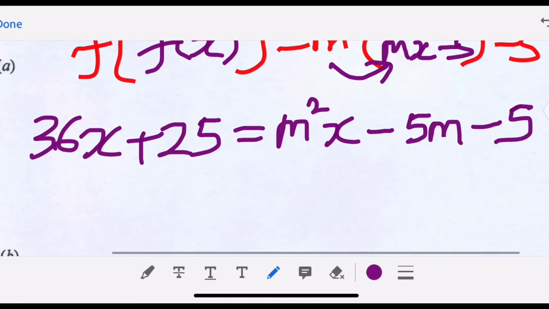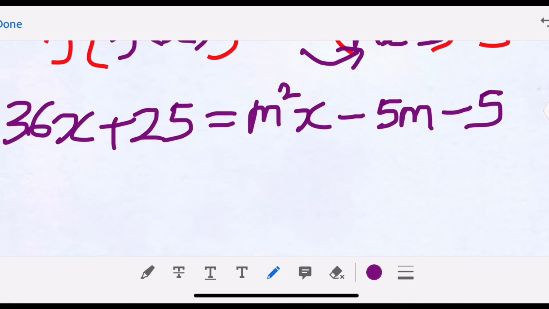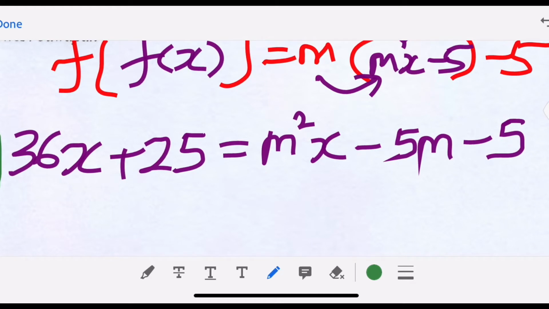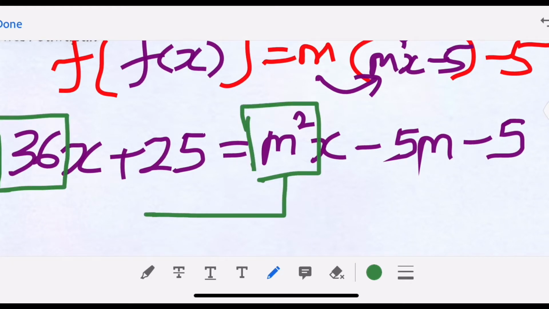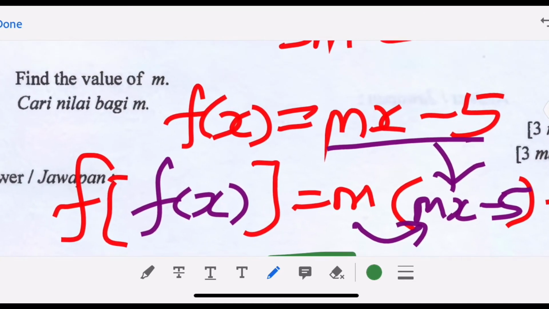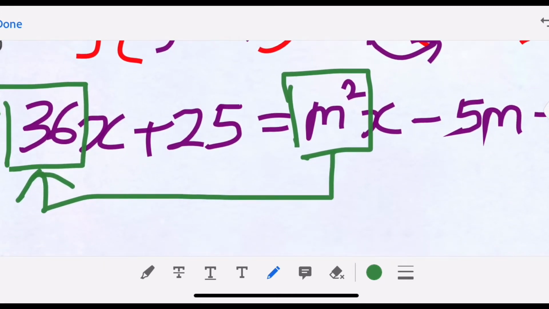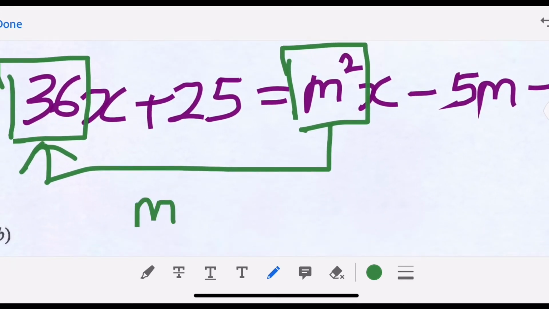I'm sure many students try to do this and they reach here. After that, they get confused and are not sure how to do. Actually, until this stage, you just do comparison. Okay, you almost got the answer. Your concept of composite function is good. So you just go one more step and you solve your m, you get the answer.